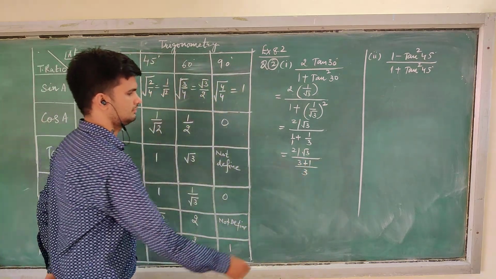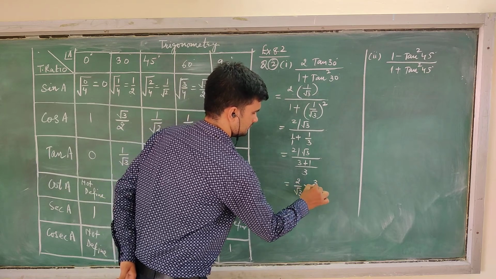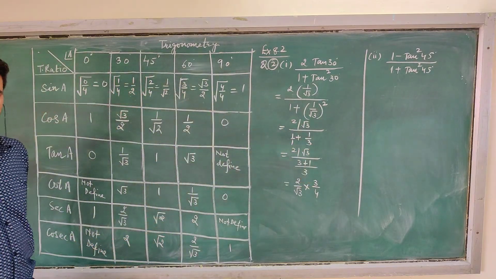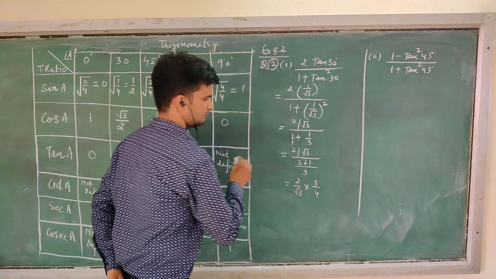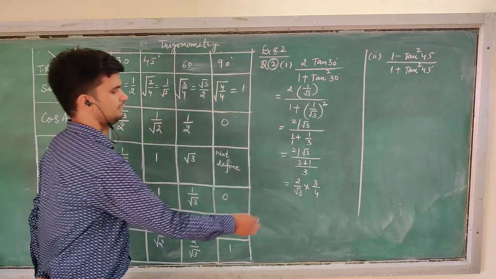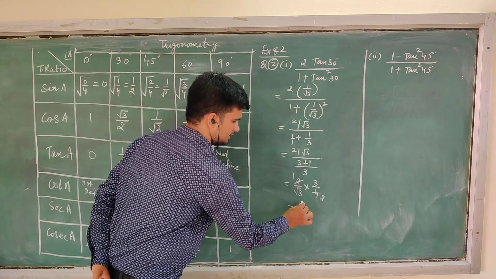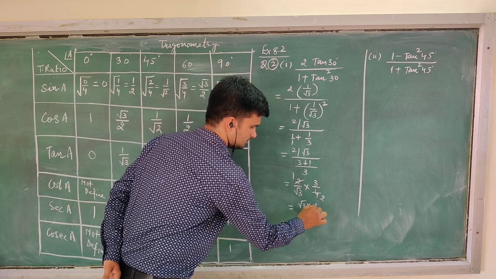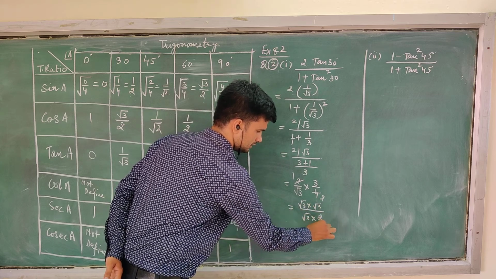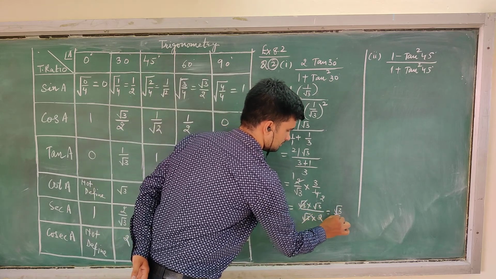Plus 1. So it is 2 by root 3 into 3 by 4. The term which is a denominator, we take its reciprocal, so 4 by 3 will become 3 by 4. I can write this 3 as root 3 into root 3, and on the denominator it is root 3 into 2. So it is equal to root 3 by 2.